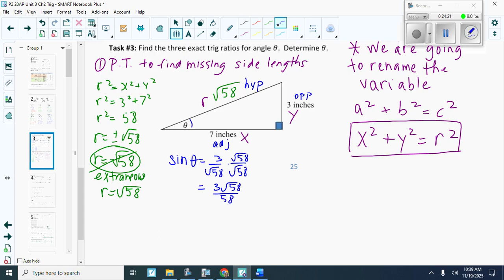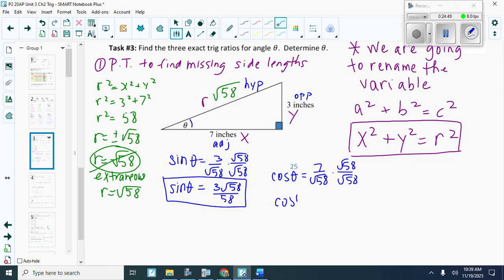And then you would just double check to make sure they can't simplify that anymore. 3 does not go into 58, so this would be our answer. Cos, similarly, would be adjacent, so 7 over the hypotenuse. And tan is going to be our opposite over adjacent.